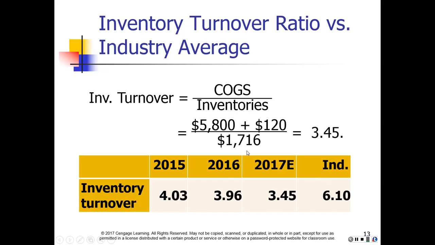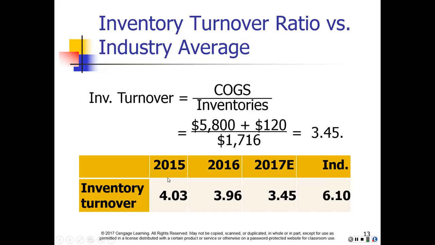We sell that, we get the same amount of inventory again. We sell that, we get the same amount of inventory again, and we sell that. We can do that 3.45 times during the year. And that's what inventory turnover is. And we want this number to be high. We want to be able to create a lot of business and sell a lot of inventory, right?